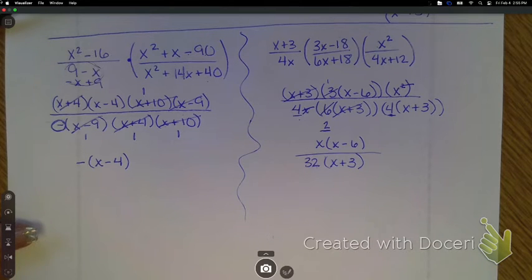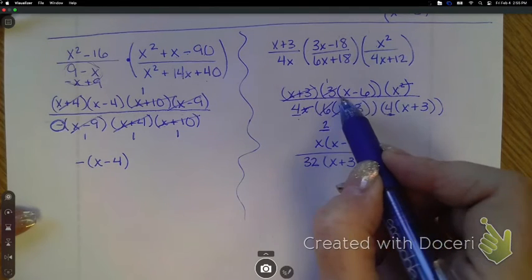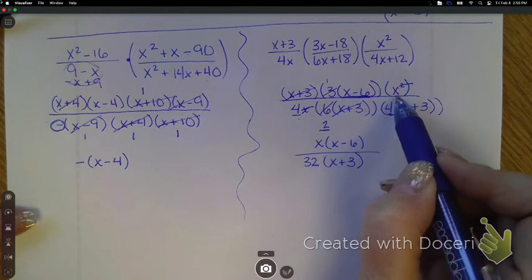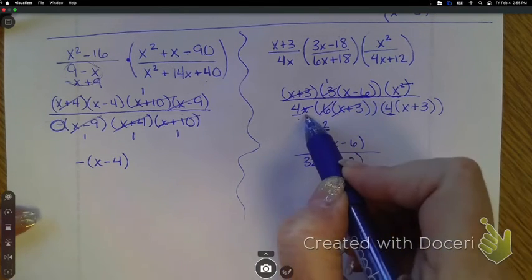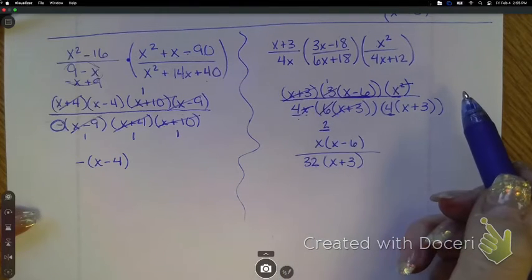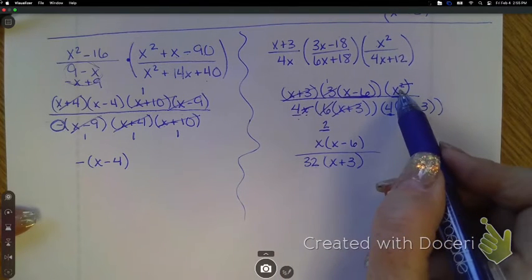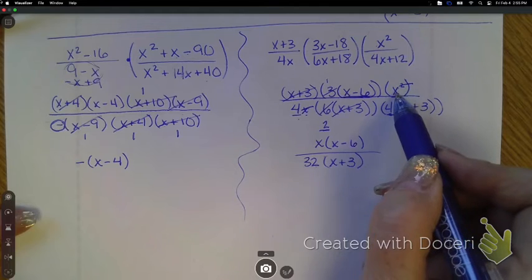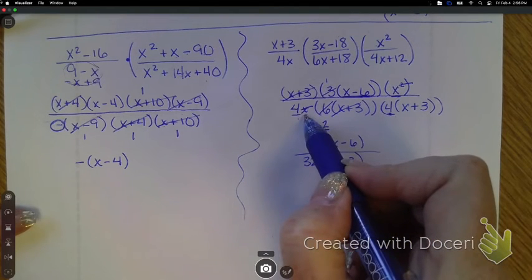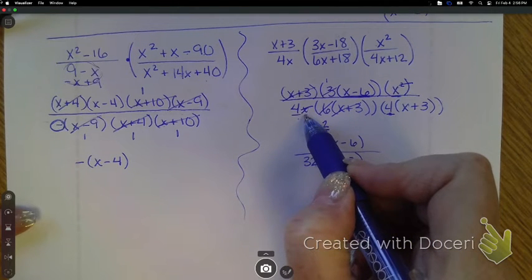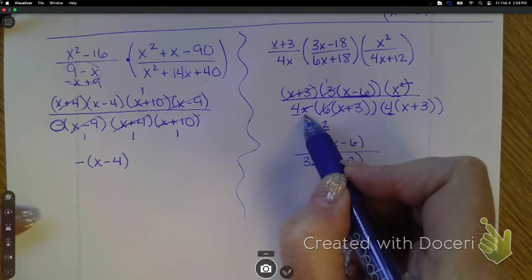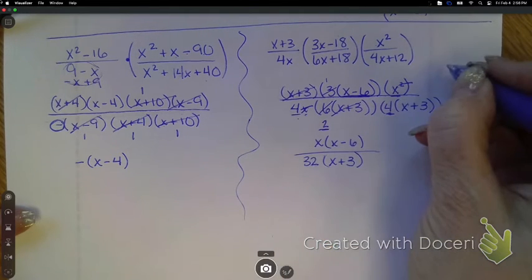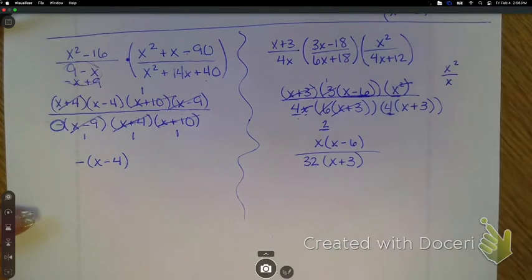What I had left was x minus 6 and 1x because there was an x down. There's 2 x's here and there's 1x down here. So 1x could reduce. She took an x out of the x, because it's basically x squared over x.